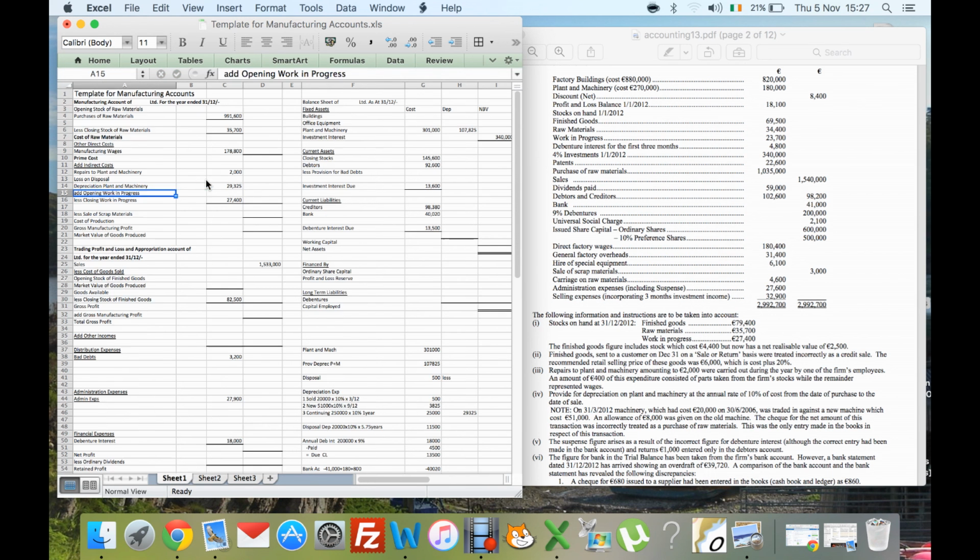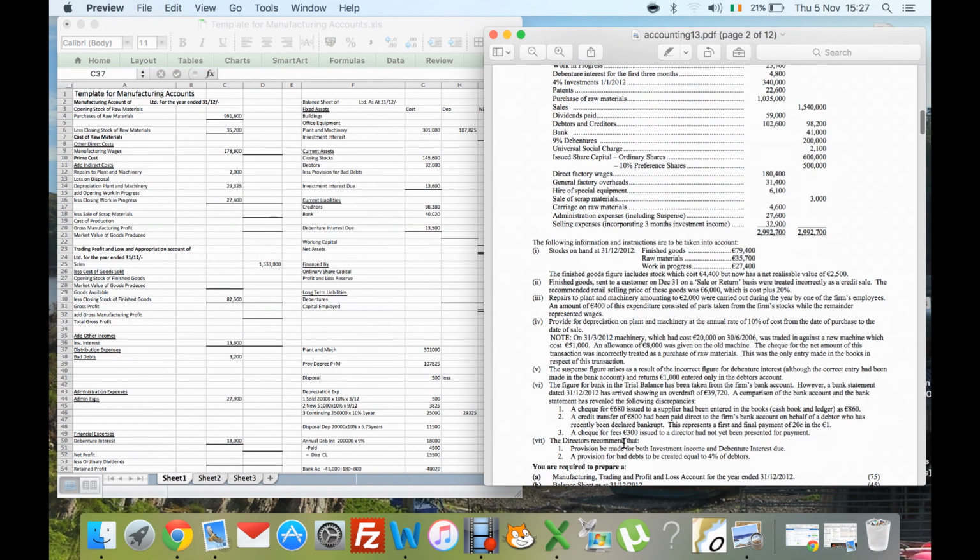That hasn't been paid to me yet, so I'm going to have an other income of investment, which is 13,600. Okay, so that's my investment income, and we'd already dealt with my debenture interest due.